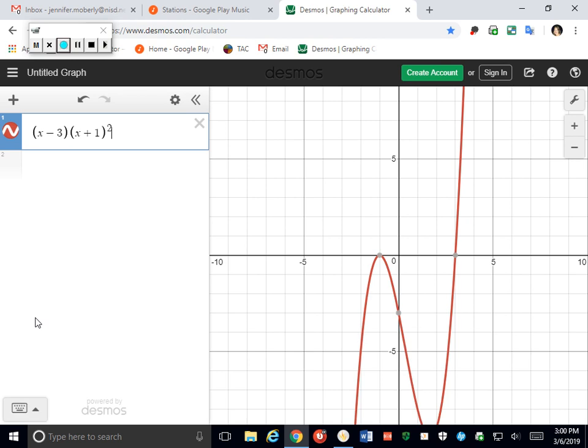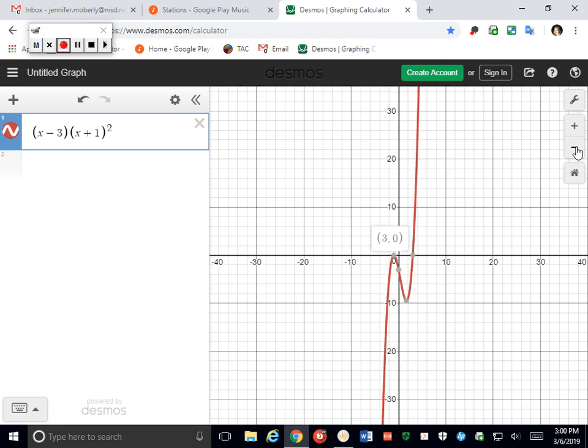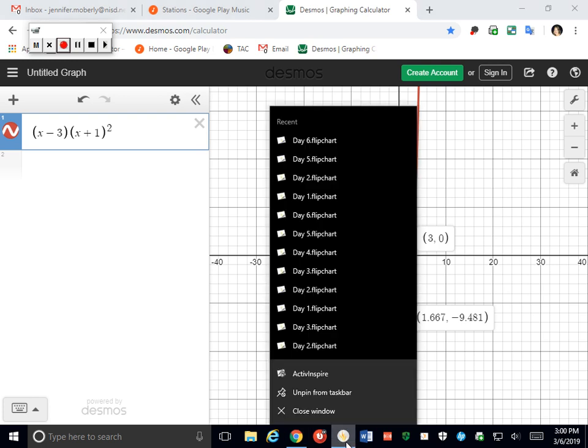Okay, so that should be what the function looks like. Alright, so if you look at your graph, you've got all of the main pieces, and then you may have to zoom in or out to see the rest of them. You can use your zoom button to do that.